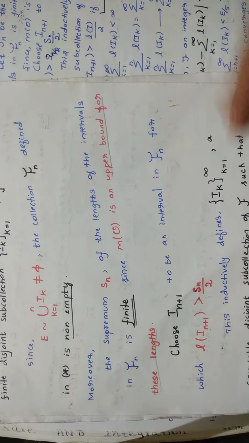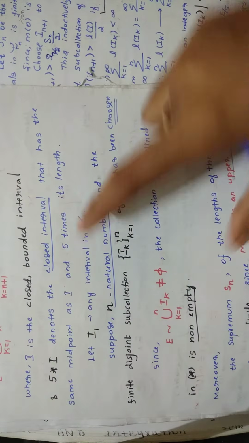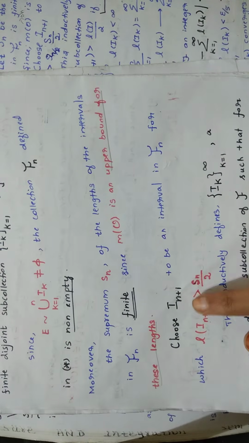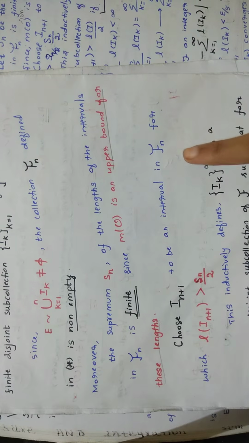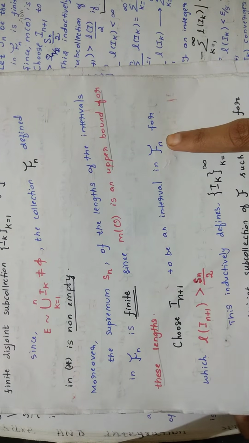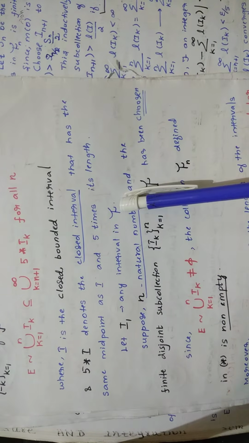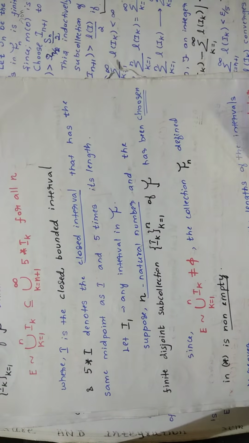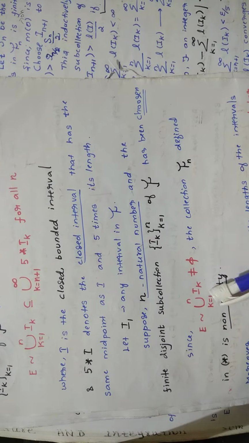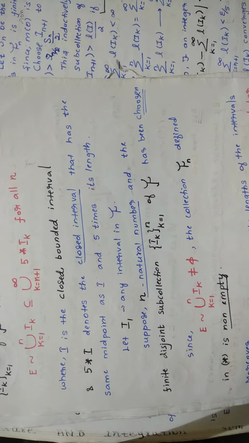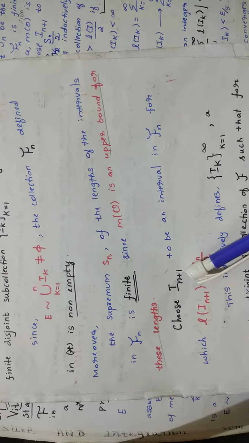Now by choosing an interval I1 you are writing all these things, and now you are going to choose an interval In plus 1. This interval also you are choosing from Fn, okay. That must be noted. So here I1 is an interval from F you are choosing. After writing about supremum and after saying if E difference union is not equal to empty, Fn is also non-empty, after saying all these things, you are taking an interval In plus 1 from where?